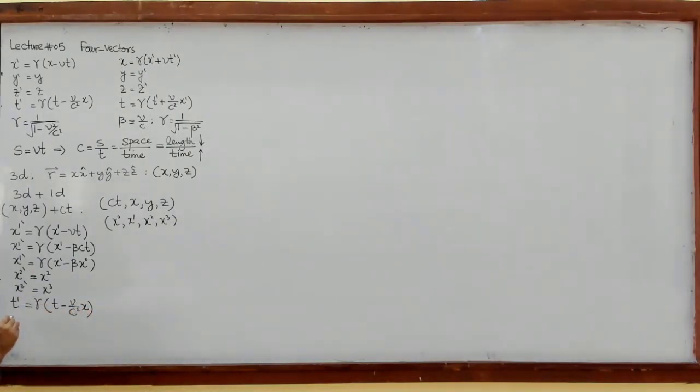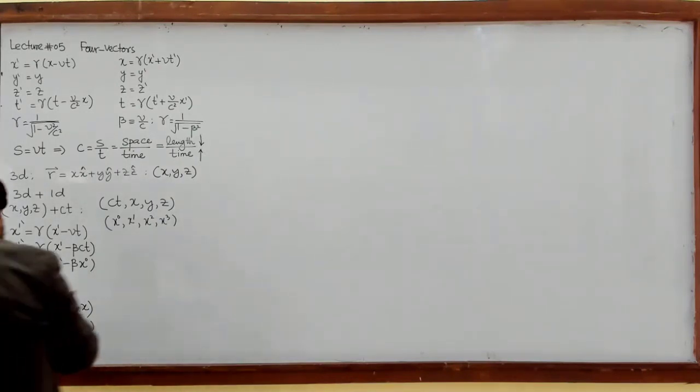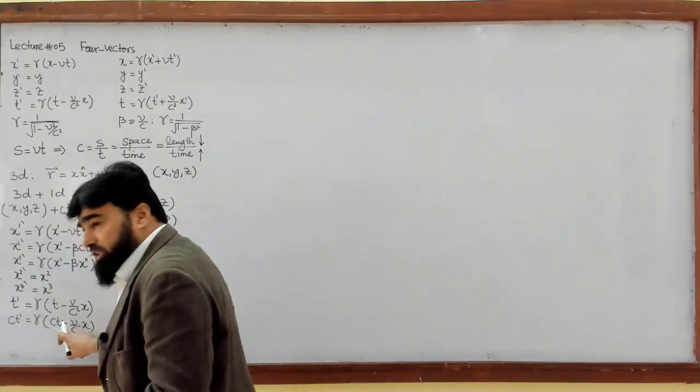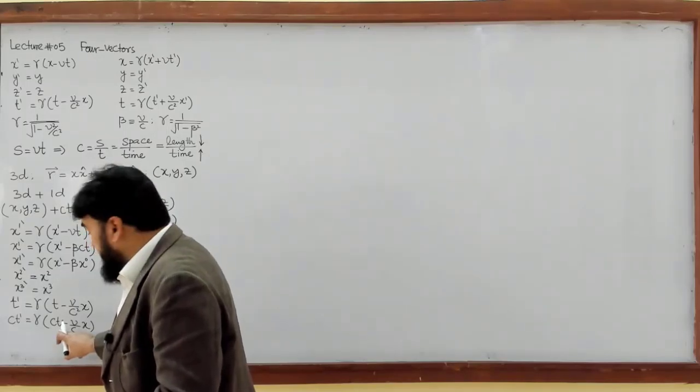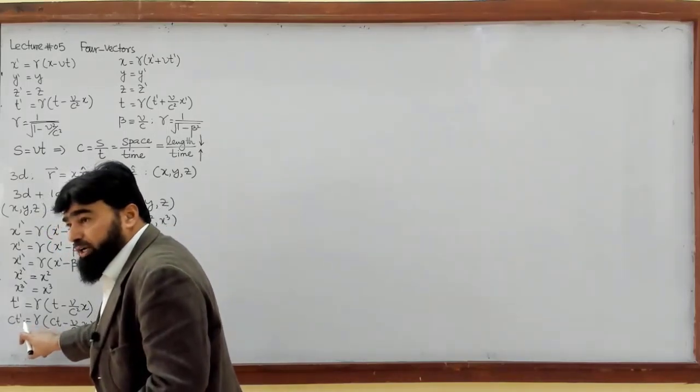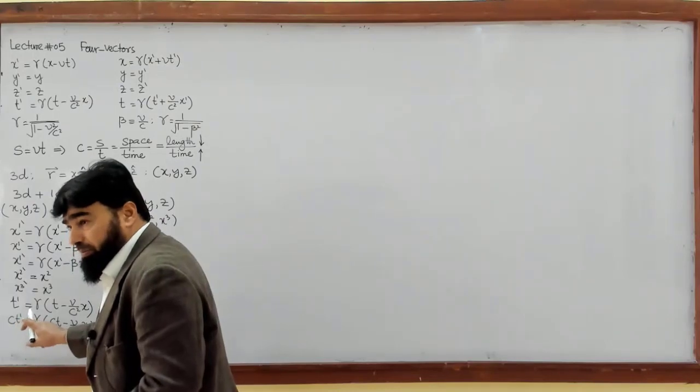Then it will become ct prime equal to gamma in ct minus v over c and x. One c will simplify with this one. Now, if ct is x0, then what about ct prime? It will be x0 prime.